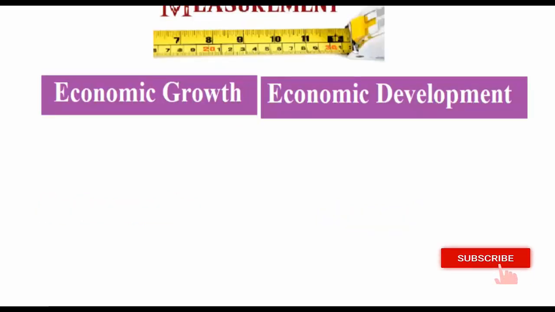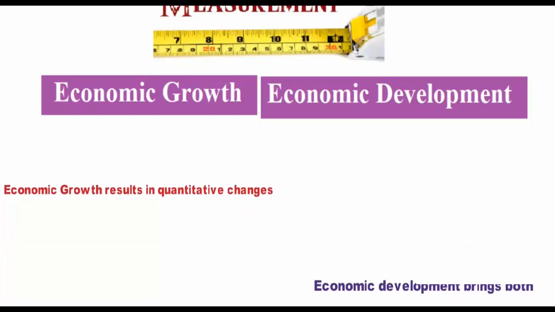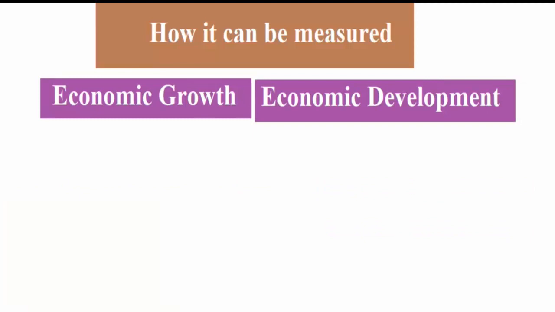Measurement: economic growth is a quantitative term, an increase in real GDP. Economic development is both a qualitative and quantitative term: HDI, gender-related index, human poverty index, infant mortality and literacy rate. How it can be measured: economic growth can be measured in a particular period.